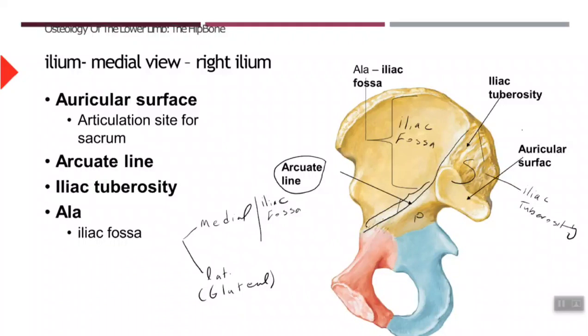This is the iliac tuberosity, and this one is the auricular surface, because it's like the auricle of the external ear. This auricular surface joins the lateral side of the sacrum, making the sacroiliac joint.